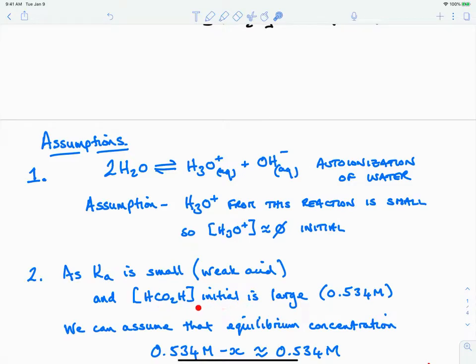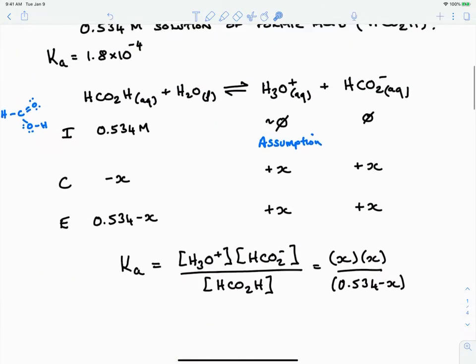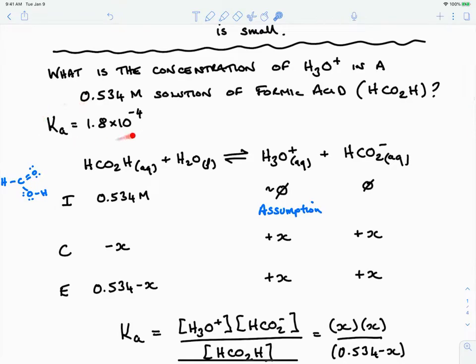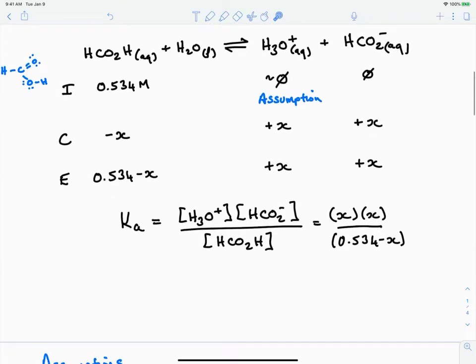the initial concentration is large, so 0.5 molar is a large concentration, and we can assume that the equilibrium concentration of formic acid, which started at 0.534 molar, minus this value of X, which we know is going to be pretty small because it's a weak acid, and we also know that the Ka value that we're given is a small value, tells us it's a weak acid.